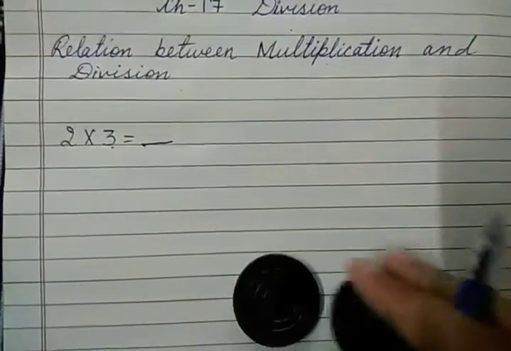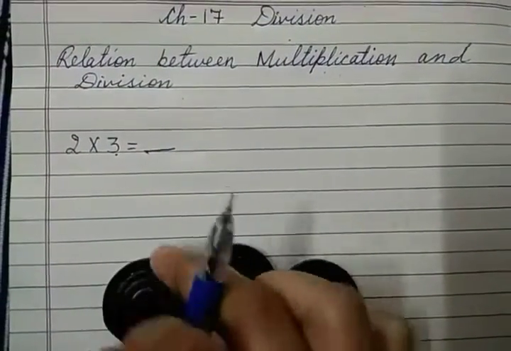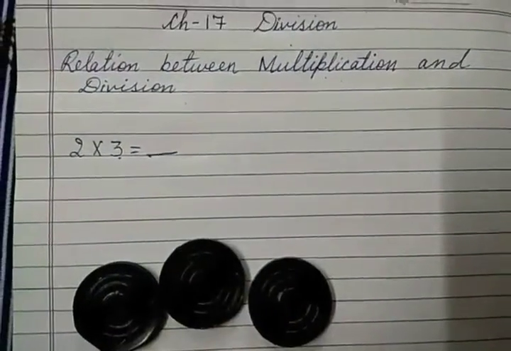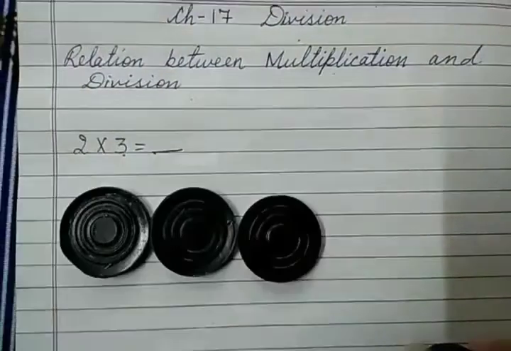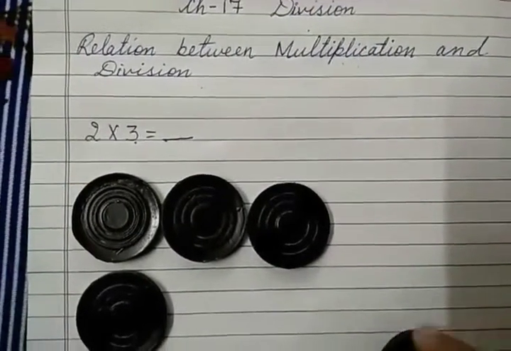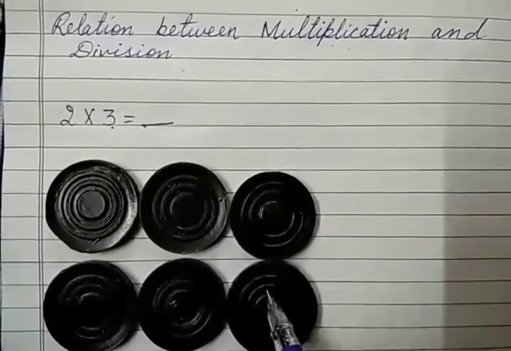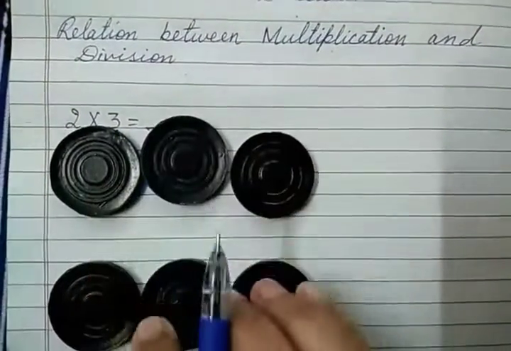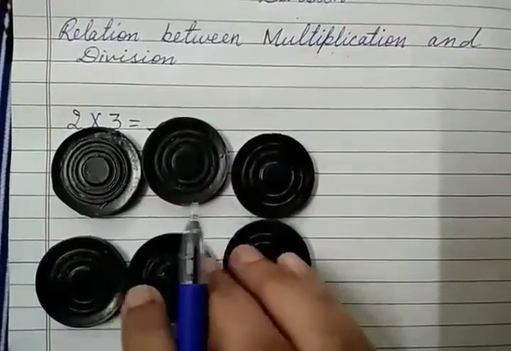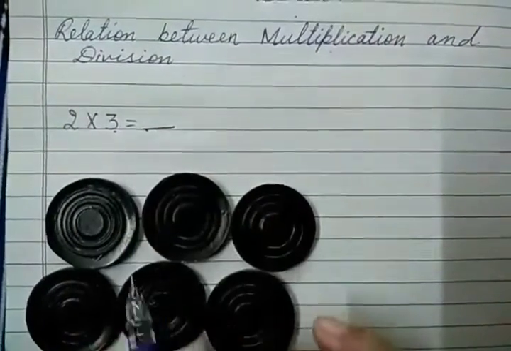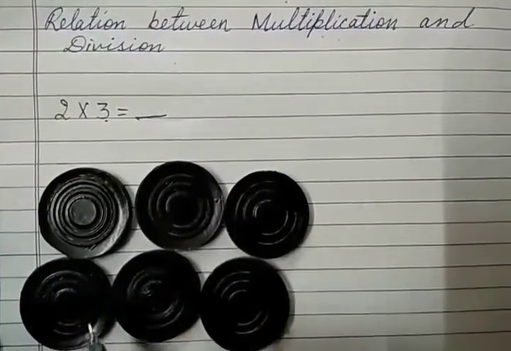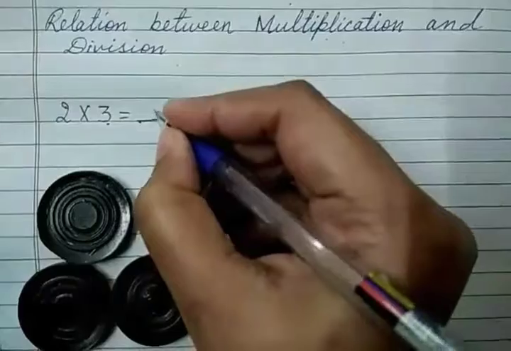Suppose we have these coins with us. So this is 1 time and this is 2 times. Now the total of this, we can count 1, 2, 3, 4, 5 and 6.